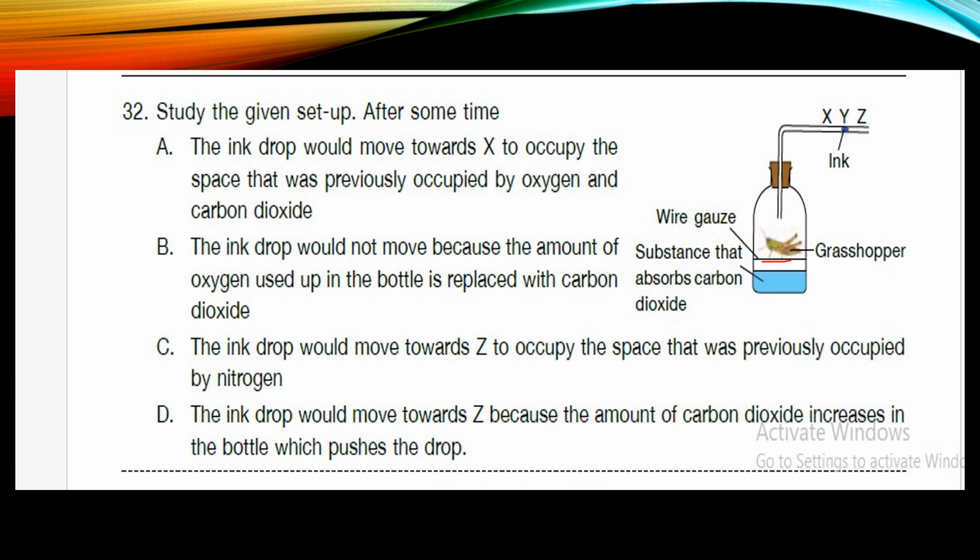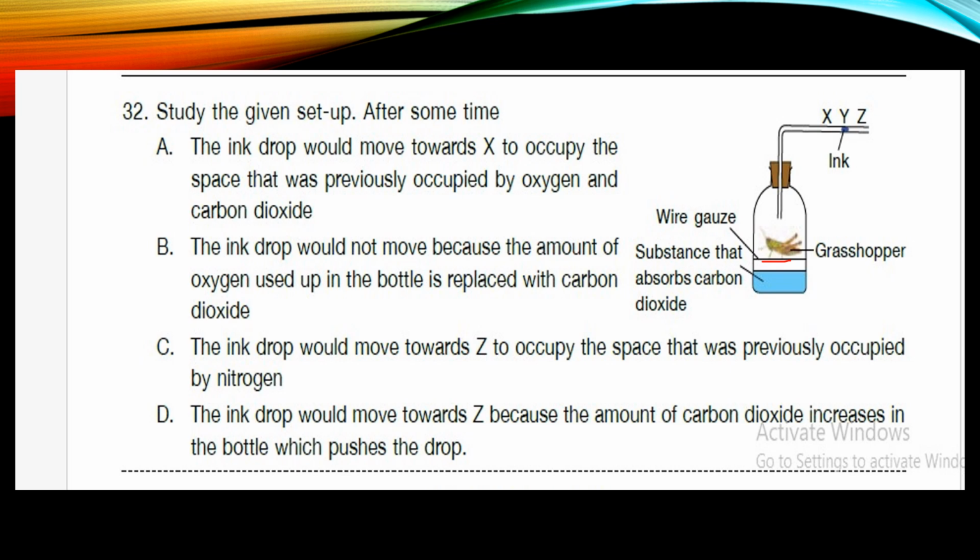Option A. The ink drop would move towards X to occupy the space that was previously occupied by oxygen and carbon dioxide. B. The ink drop would not move because the amount of oxygen used up in the bottle is replaced with carbon dioxide. C. The ink drop would move towards Z to occupy the space that was previously occupied by nitrogen.